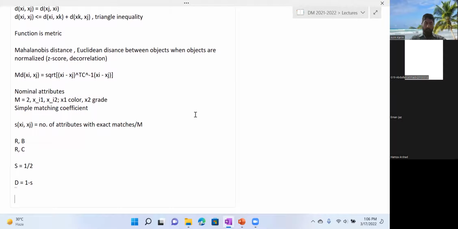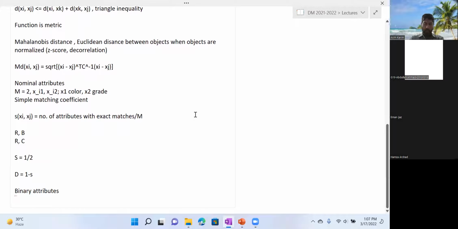So this is for the case when you have nominal attributes. Now let's say you have binary attributes. Binary is a special case of nominal. In this case, of course, you can still use the simple matching coefficient. But you can also use many other measures that we studied as part of association mining.